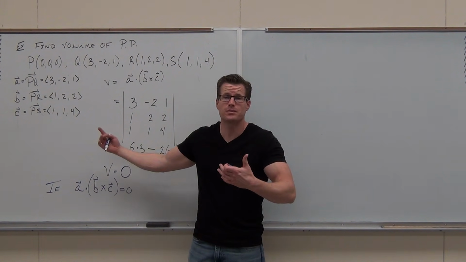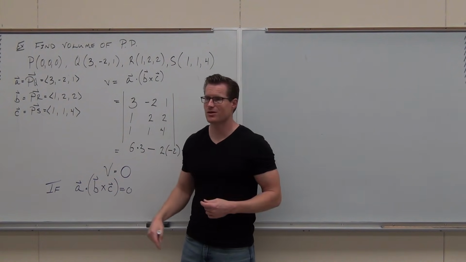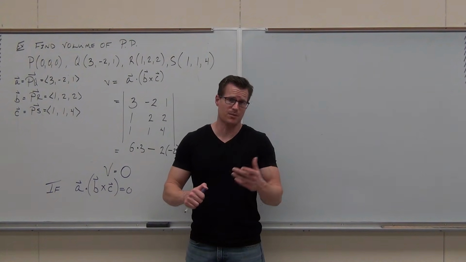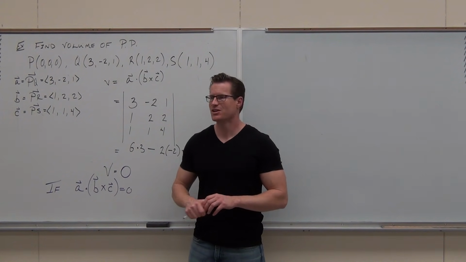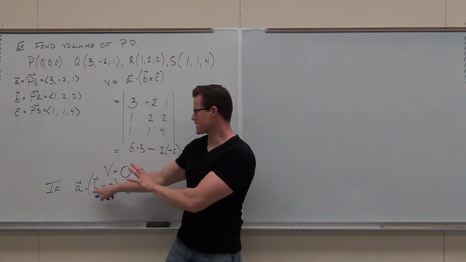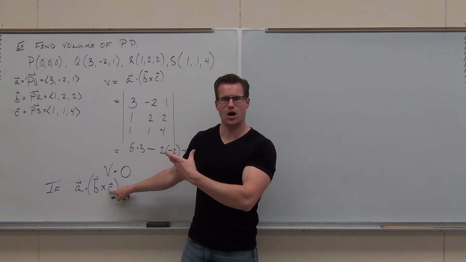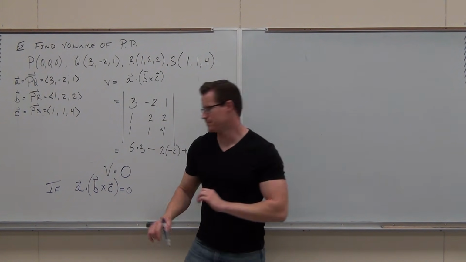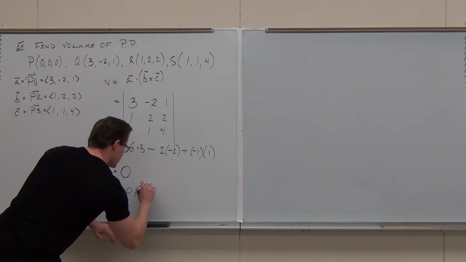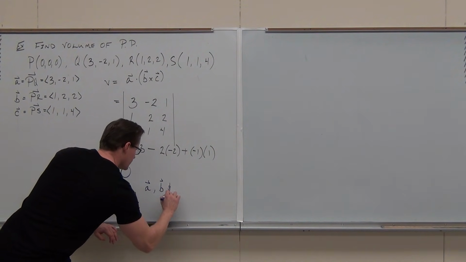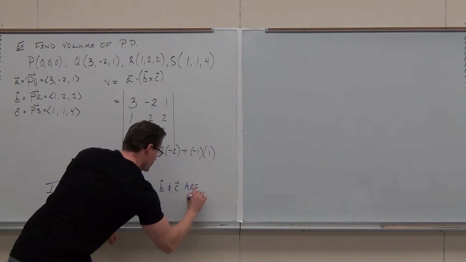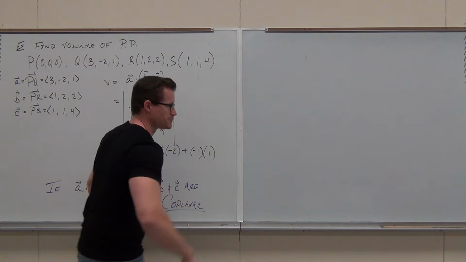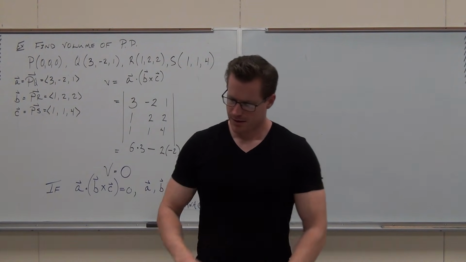You try to find the volume, guys. If you try to find the volume and it's 0, it tells you they're coplanar. If you try to find the volume and it's not 0, it tells you they're not coplanar, and then you automatically get the volume for free. Does that make sense to you? So this is how you test whether these three vectors are coplanar or not. If this happens, A, B, and C as vectors are coplanar. It's kind of neat. Kind of neat.